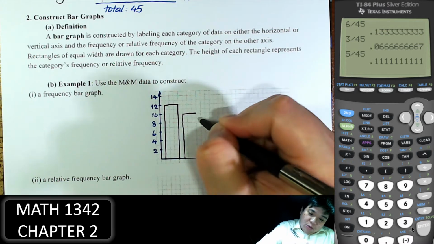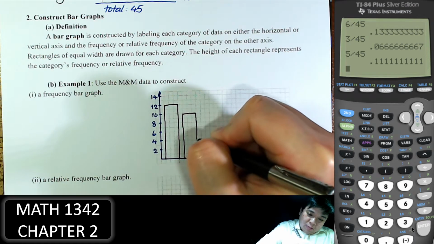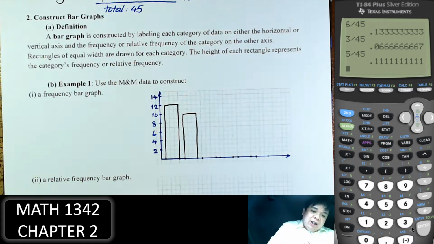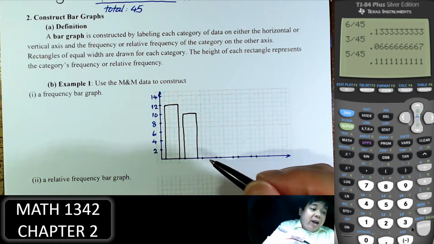Of course we should use a ruler, but since they are on a grid, I just drew this by hand. Then 9.